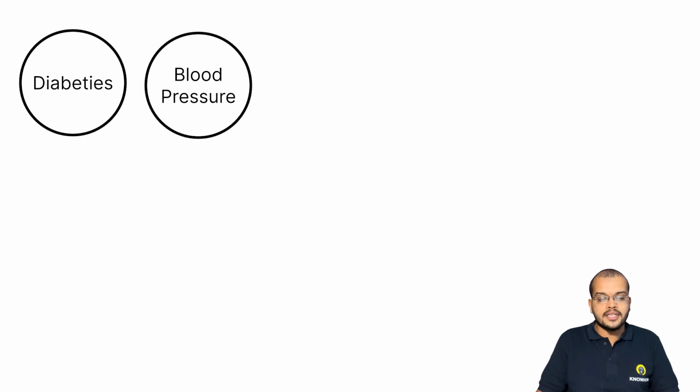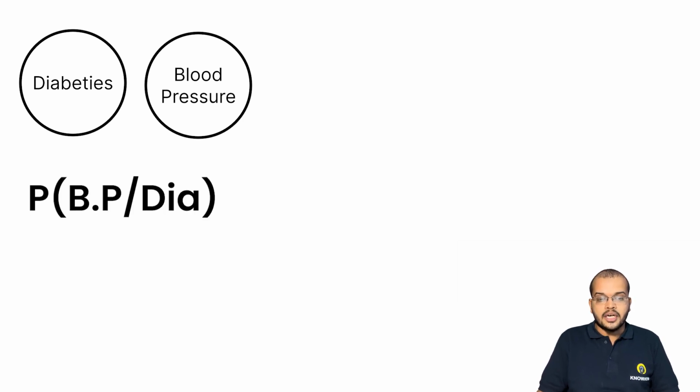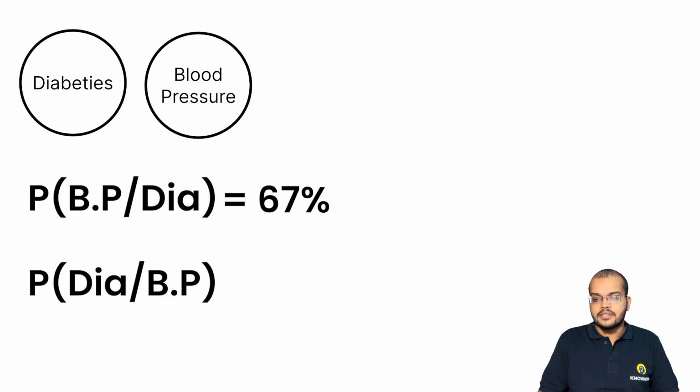Now here the point is that for people with this blood pressure and this diabetes, let us consider 67%. Now let me consider the probability of the same diabetes given BP, it is 41%.